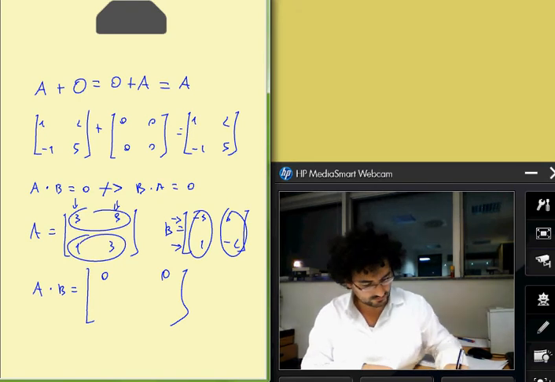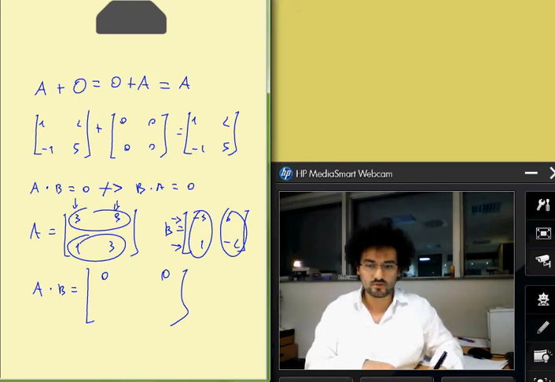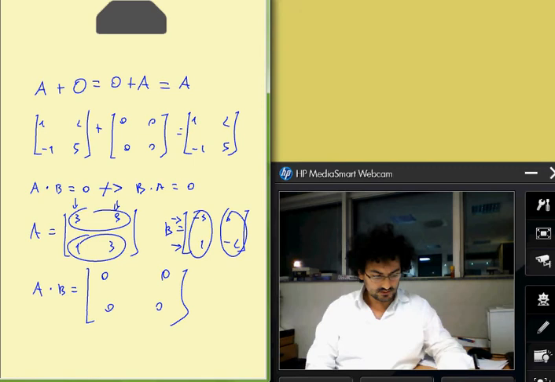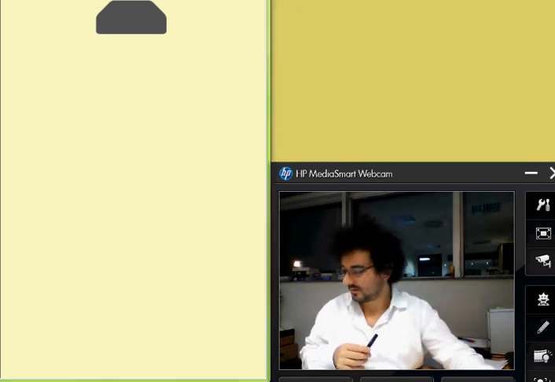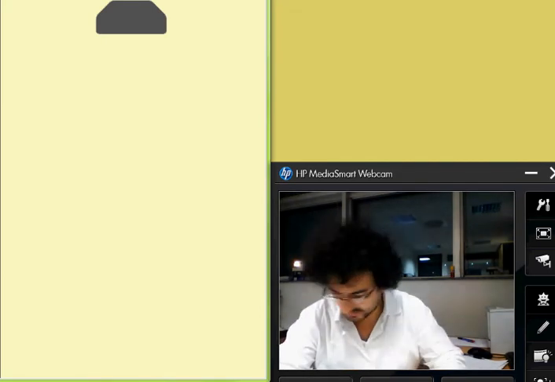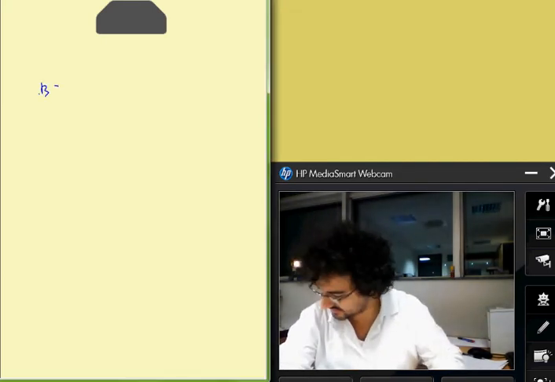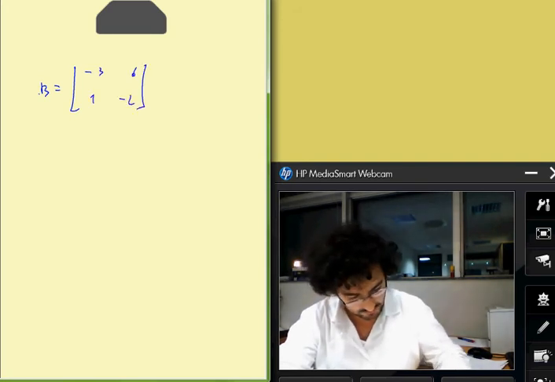If we do the same with the second row, we get 0 and 0, so we get the zero matrix. We can write the matrices again. In this case, matrix B equal to minus 3, 6, 1, minus 2, and matrix A equal to 3, 1, 9, 3.